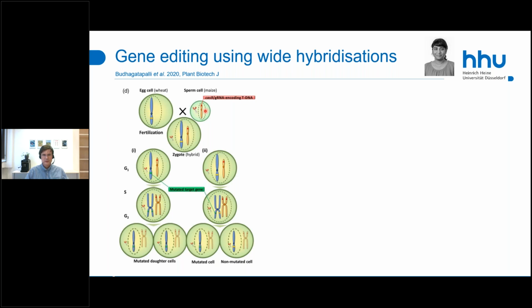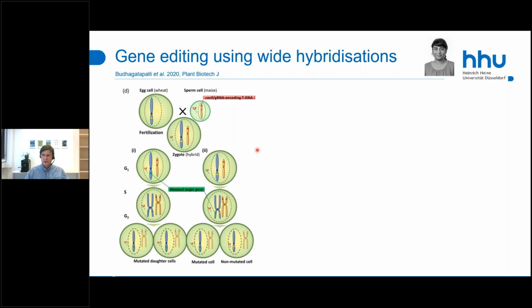And the benefit of this is that during or after fertilization and cell division, you get rid of one of the genomes. And so this could be useful if you want to do site-directed mutagenesis in a species which is rather recalcitrant for transformation, like wheat.